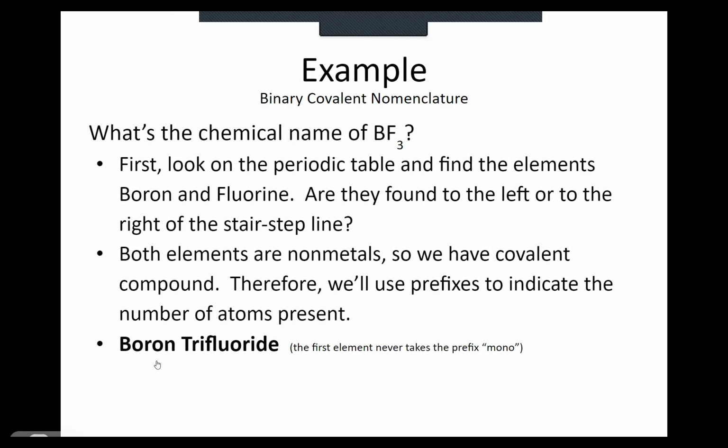Okay, so you might ask, I remember that the prefix mono means one. Why isn't it monoboron? Well, you never put the prefix mono for the first element. You would put it for the second element if that were relevant. It's not here because there are three fluorine atoms in the formula. And the prefix for three is tri. So boron trifluoride, and don't forget to change the ending to ide.